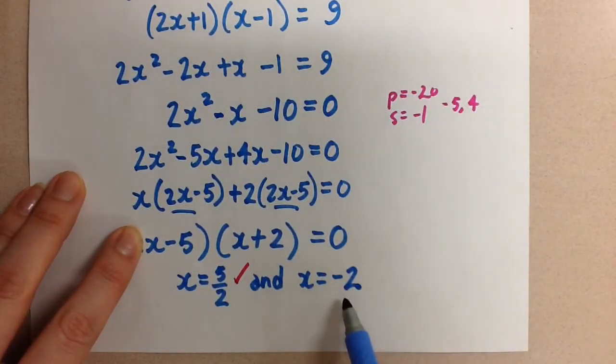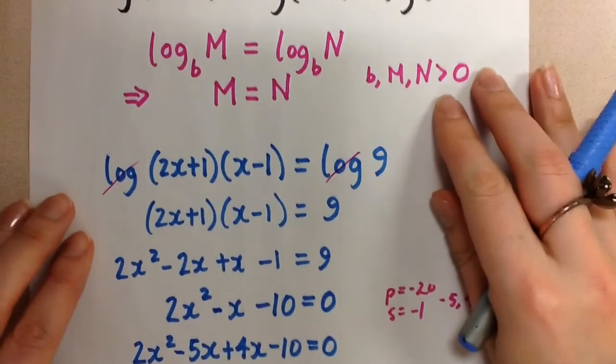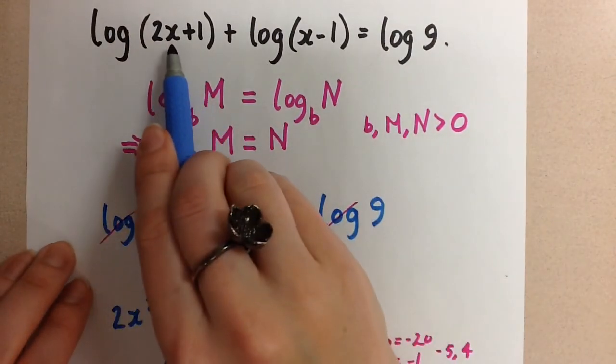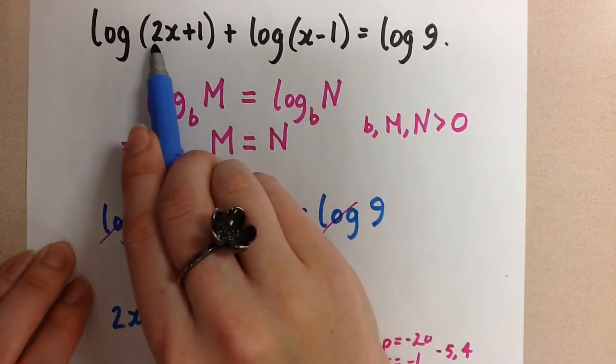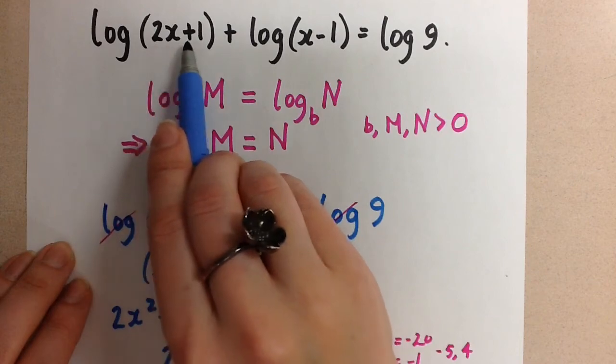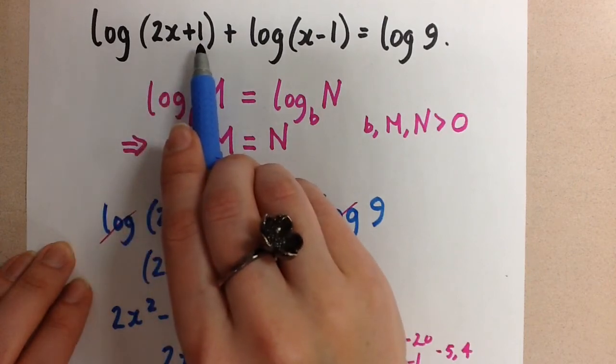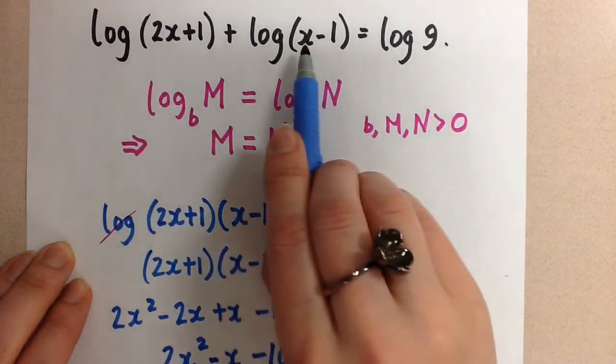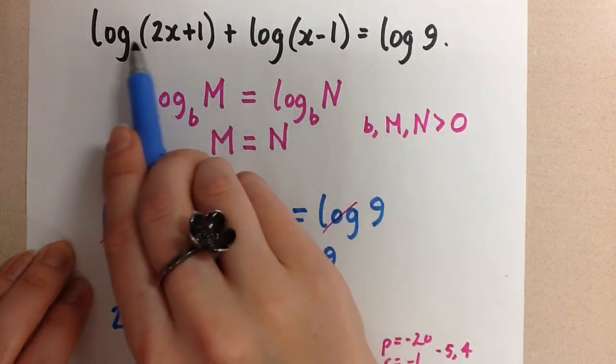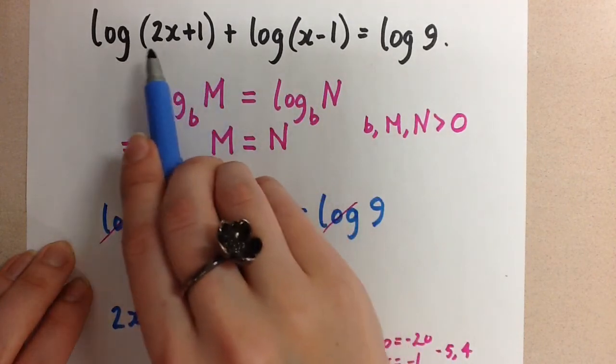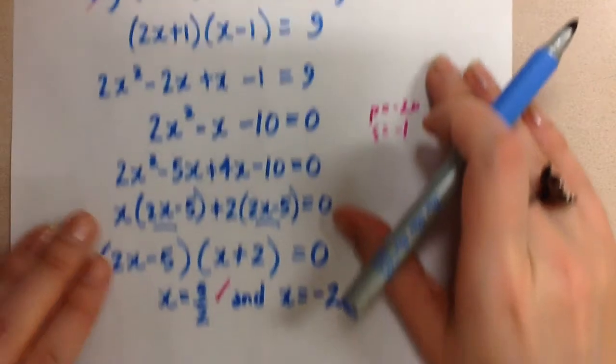Now, let's check the -2. If I plug a -2 here, then 2 times -2 plus 1 is a negative number. So automatically, without even checking on this side, we have the logarithm of a negative number if we use x equals -2.